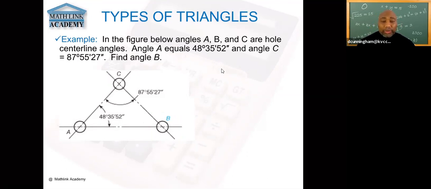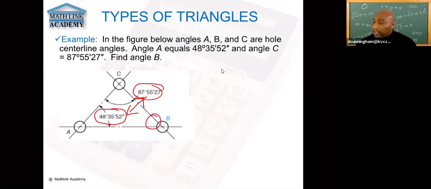What we need to do now is add angle A and angle C together, using what we have done in the past for adding degrees, minutes, and seconds. And remember, the key number is 60 when you convert and move over. Then subtract that answer from 180, and that will give us angle B.